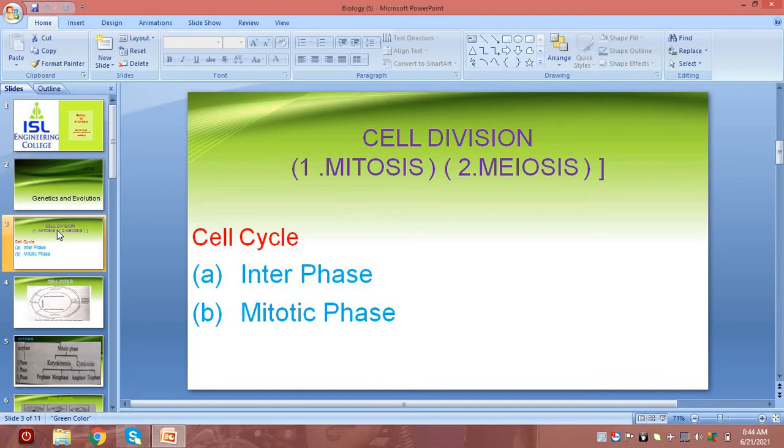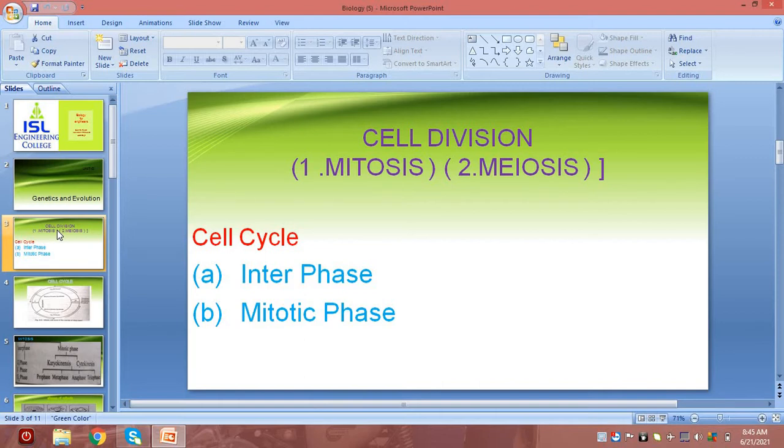Cell division is nothing but the division process where the cell is dividing into two progeny cells or daughter cells.